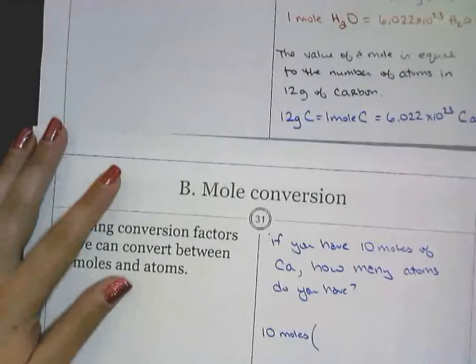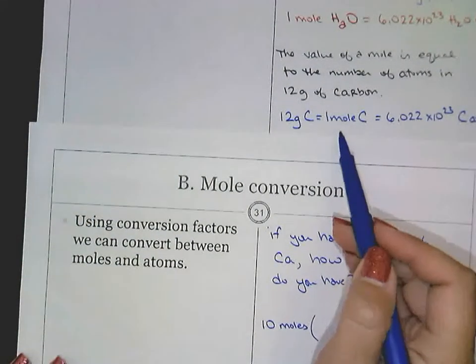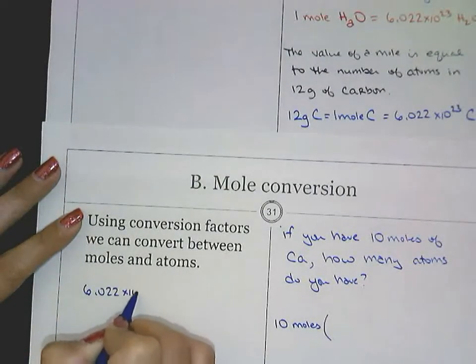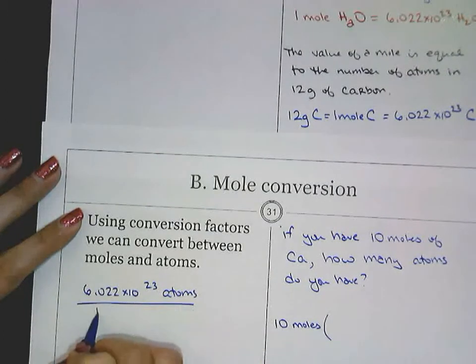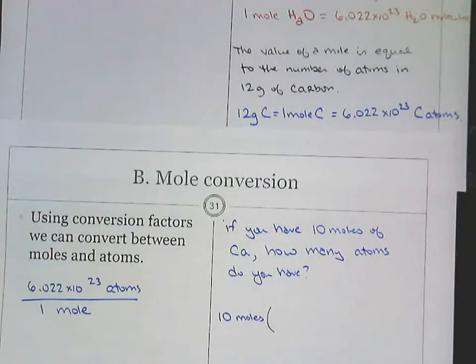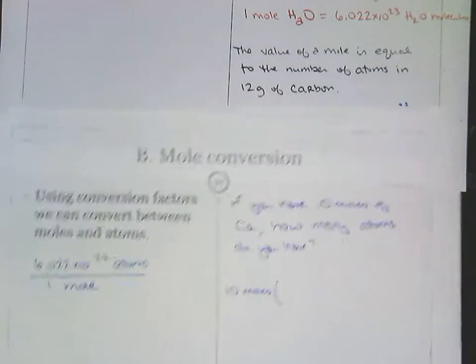So I have atoms over here, and I got moles, which I can write as this. That's the same way, changing that equal sign to a division sign. So how do I use this conversion factor to get atoms by itself? Do I put atoms on the top or atoms on the bottom? Atoms on the top, that way I get atoms to my final unit, my moles cancel out.